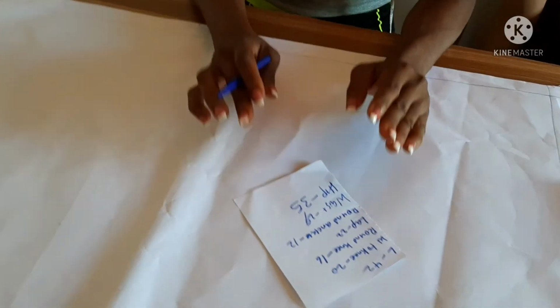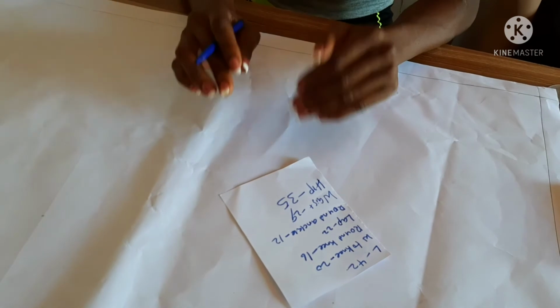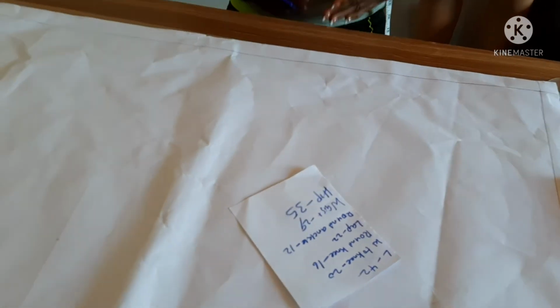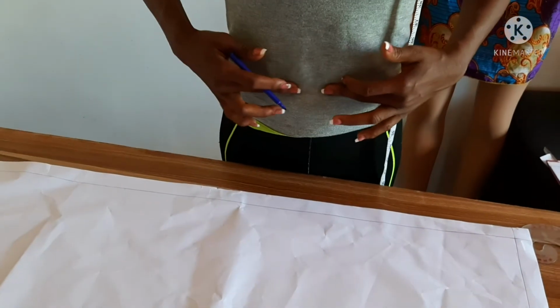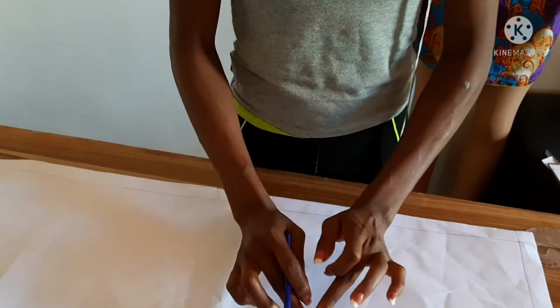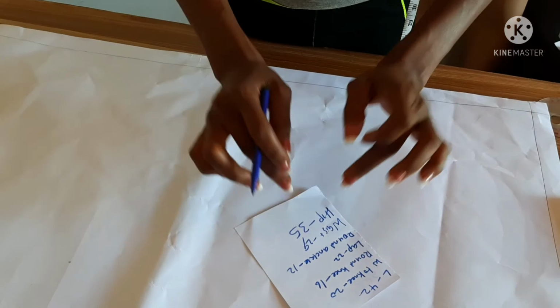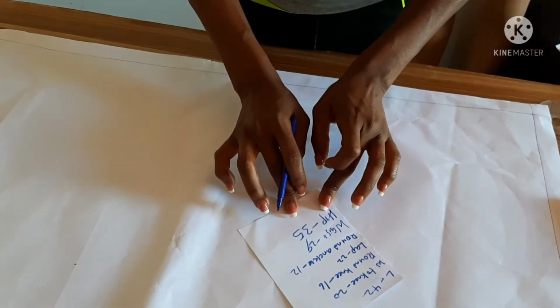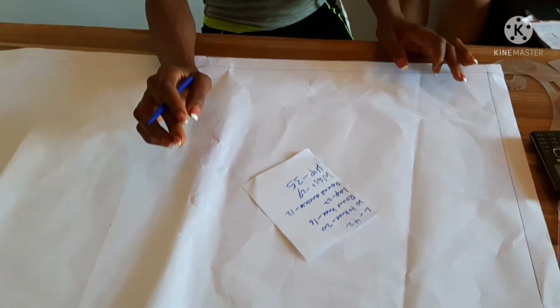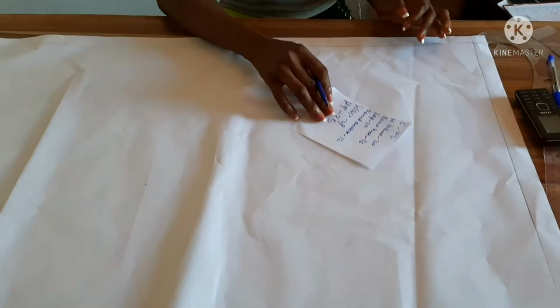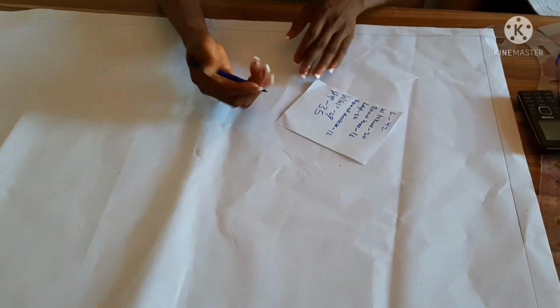But if I was to make a high waist trouser that is going to go above my navel, that's going to sit here on my navel, I will divide my hip measurement by 3 inches, not 4. So with that being said, let's go to our calculation.